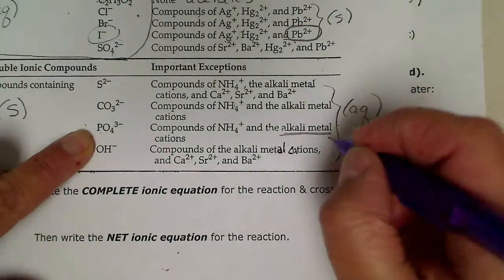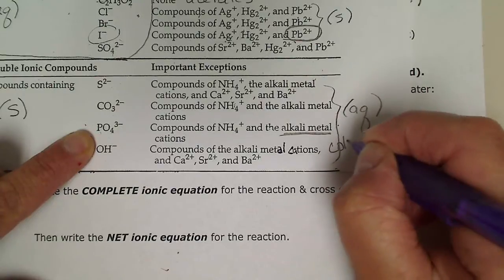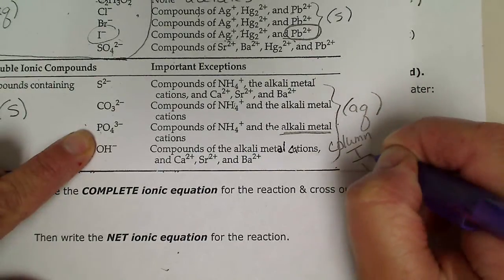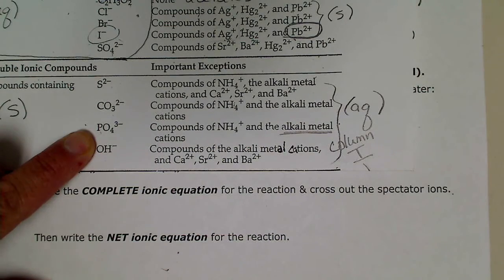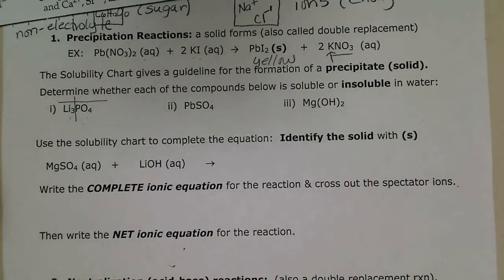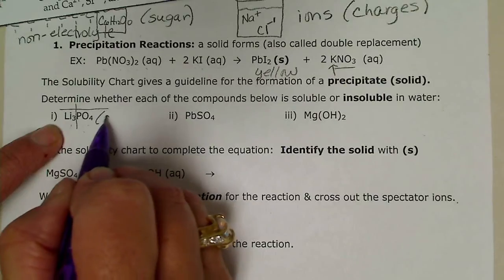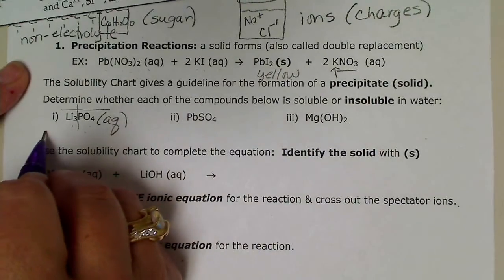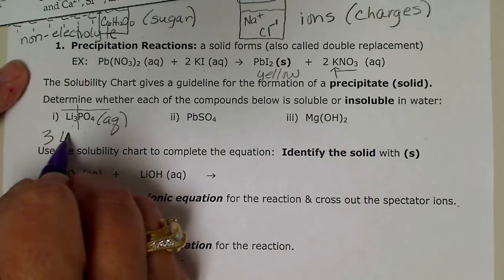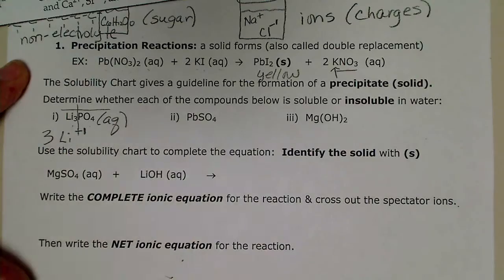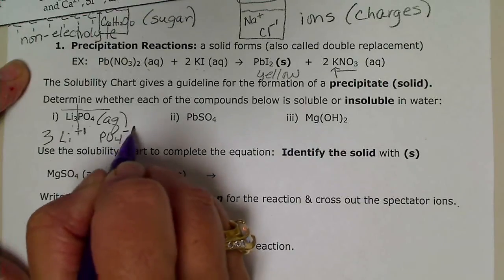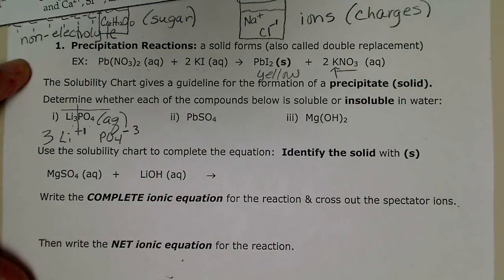So column 1 metals are always exceptions, which means column 1 metals are always soluble. So this we would write AQ after that formula. That means when that dissolves, we have 3 lithium ions for every 1 phosphate ion in solution.